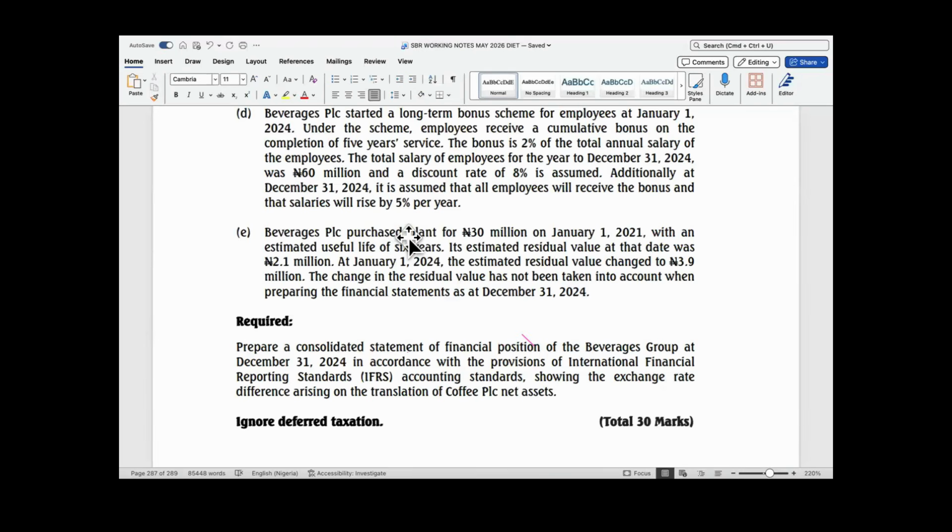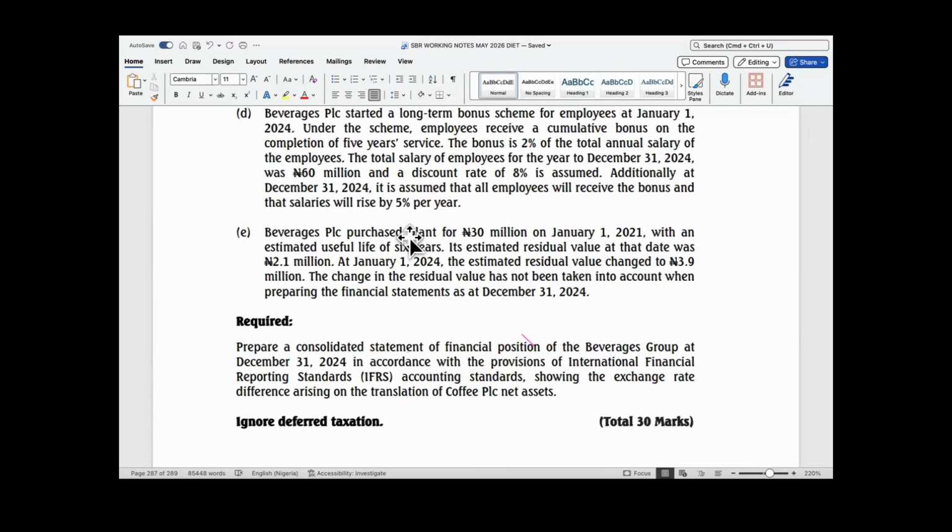Now, on January 1st, 2024, the estimated residual value changed to 3.9 million. The change in the residual value has not been taken into account when preparing the financial statements as of December 31st, 2024. Okay, so this is another additional information.